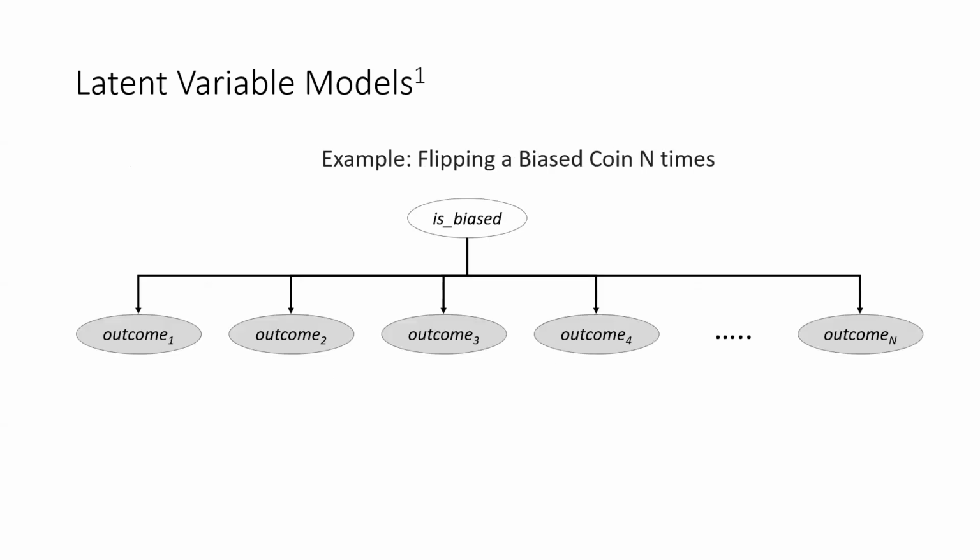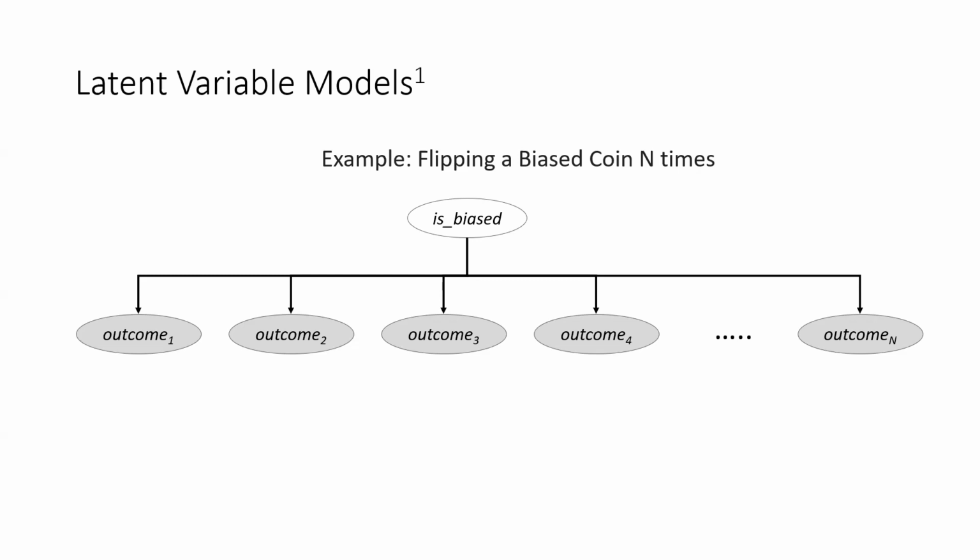And I'll give a simple example. Say that I want to model the probability distribution of the outcomes of a coin when we flip it, and the coin can be biased or unbiased.